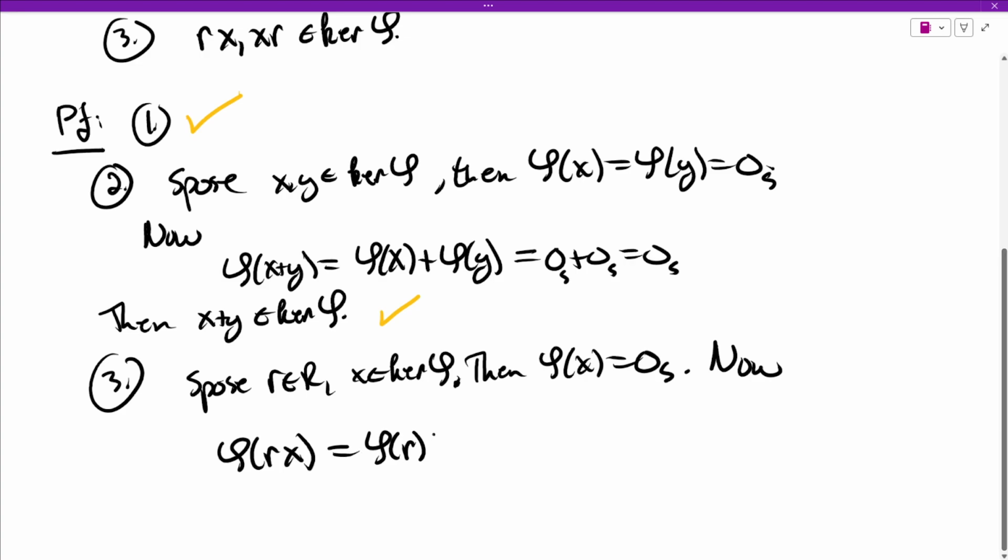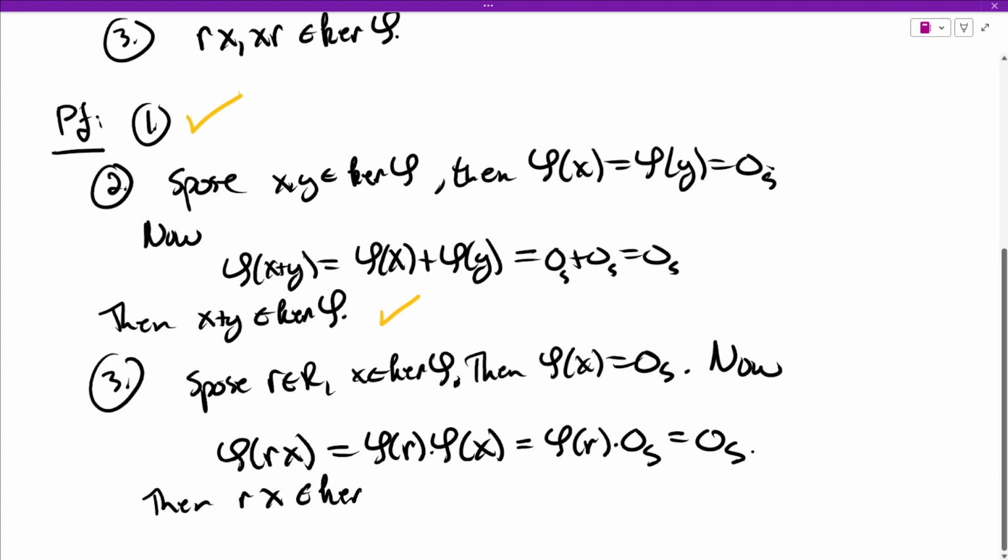Phi is a homomorphism, so it breaks up under multiplication. It's compatible with multiplication. And phi of x is 0, and anything times the additive identity is 0. So this tells us that rx is in the kernel. That xr is in the kernel is similar, and I'll encourage you to do it. So I think that completes our proof here.